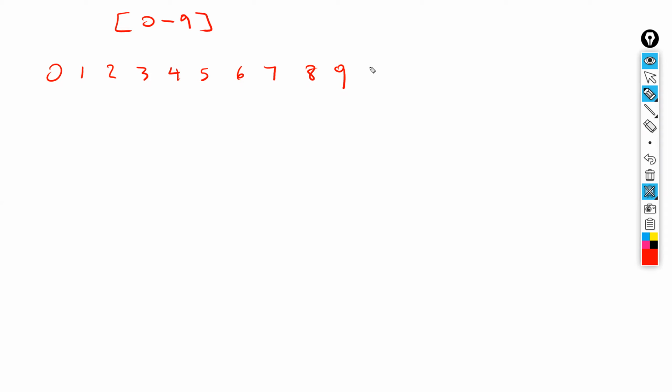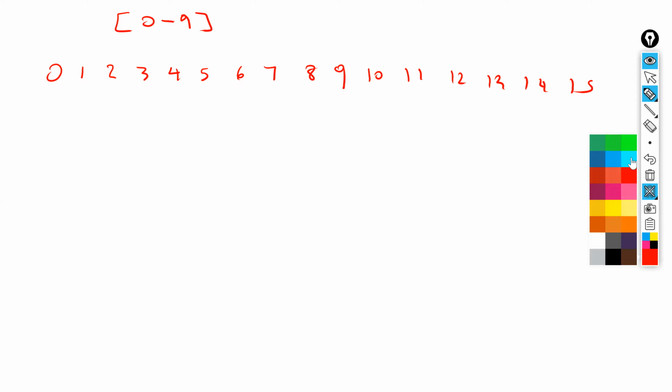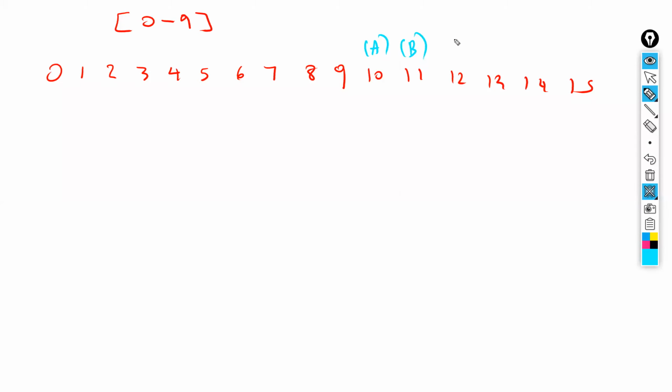Normally we have 0 to 15, but here technically the value 10 would be A, value 11 would be B, value 12 would be C, 13 would be D, 14 would be E, 15 would be F. That's how the values come.